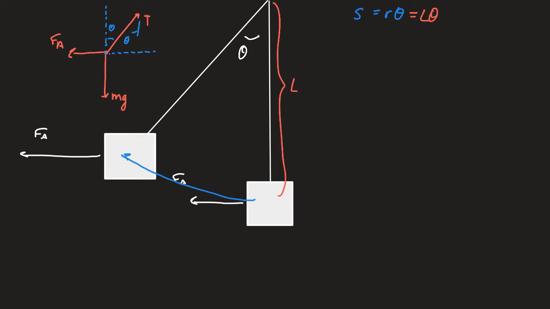So for right now, I want to keep it aligned like this. You could try this again with everything aligned with the tension, and there are some advantages to it. You'll get one simplification a little farther down, but I'm going to start here because we've done this problem before, and it'll have the least number of hiccups.